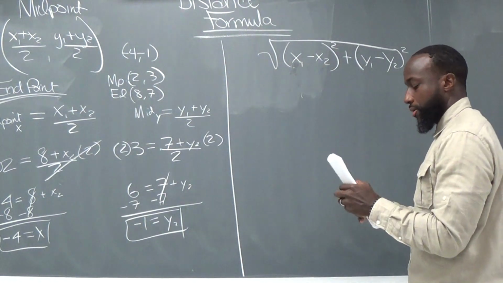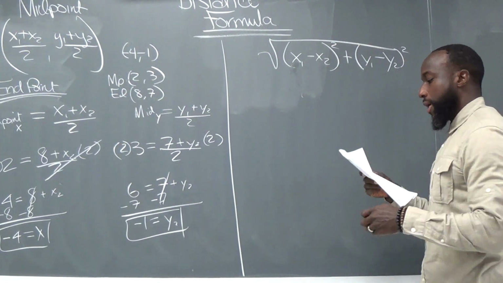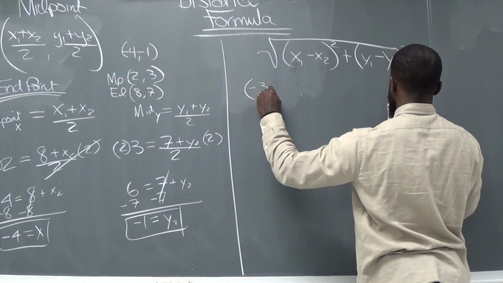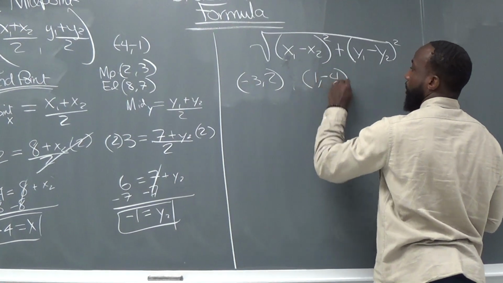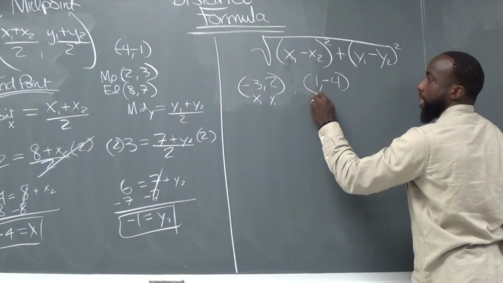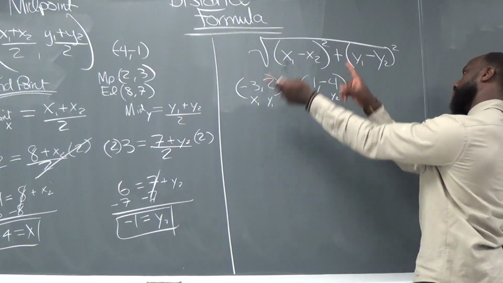Let's use the points in our notes. The points were -3, 2, and 1, -4. So that's x1, this is y1, this is x2, this is y2. We'll just take these values and put them there.